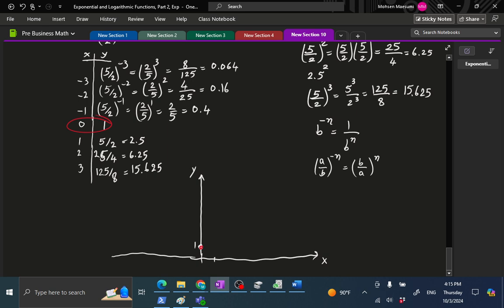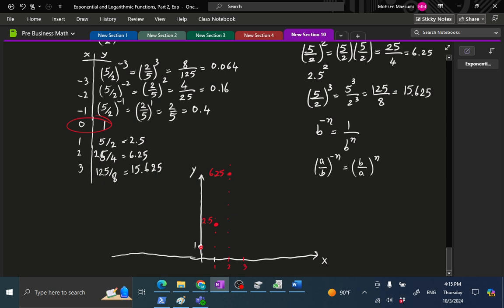At 1 we have 5 halves, which is 2.5. So 1, 2, 3, and 2.5 is going to be here. At 2, I'm going to be at 6.25. 1, 2, 3, 4, 5, 6, 7, 6.25. I'll be here. So this was 2.5. This is 6.25.